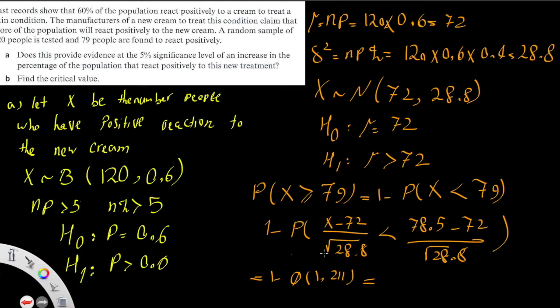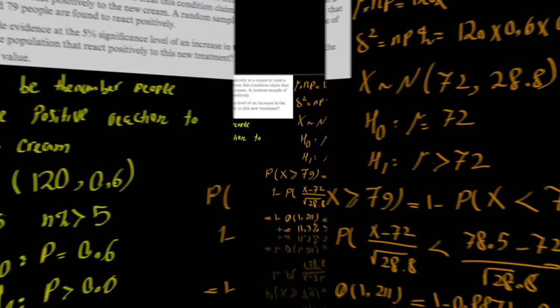You know how to use the table to calculate this probability. It will be equal to 1 minus 0.8871, which is equal to 0.1129, which is 11.3%. Significance level is 5%, so it is greater than 5%.